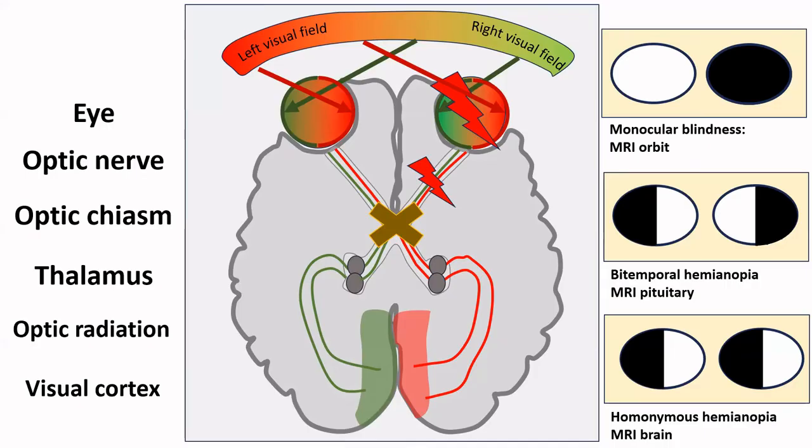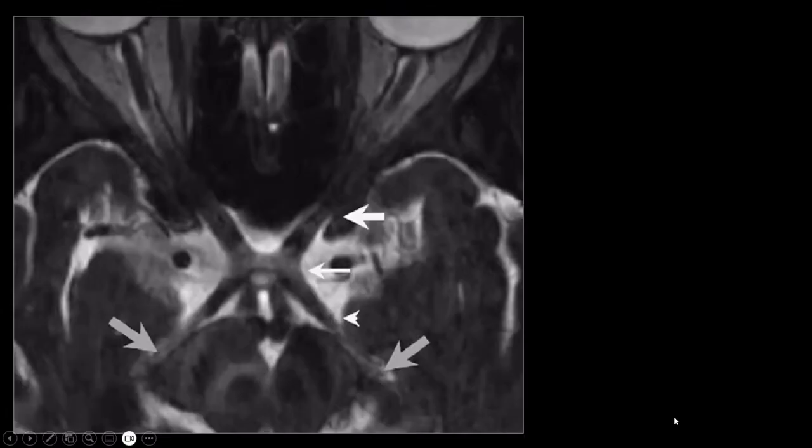And if there is central compression of the optic chiasm, patients will have bitemporal hemianopia. If there is pathology involving the optic tracts, the optic radiation or the visual cortex, patients will have a homonymous hemianopia. This is the optic chiasm, so let's talk shortly about anatomy.